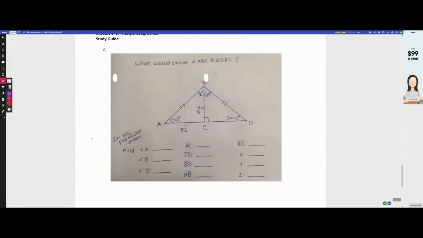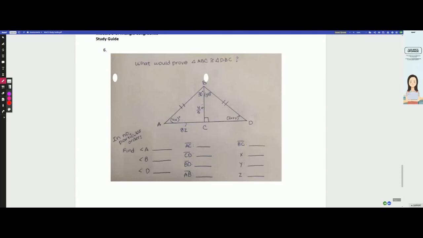All right, so here's more practice. We already know we have to solve for x here. So, let's see. y equals that. z equals that.